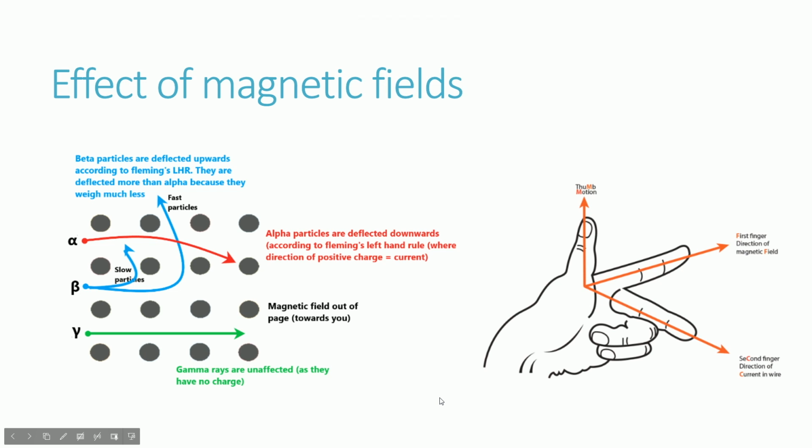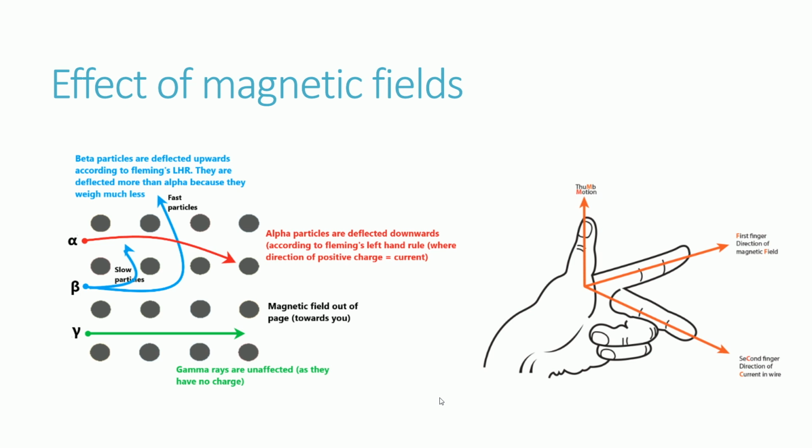If you take a look at the effect of magnetic fields on these different particles, first of all, you know that anything that has a charge, or any current that goes through a magnetic field, will be deflected as a result of the electromagnetic effect between the current and the magnetic field.